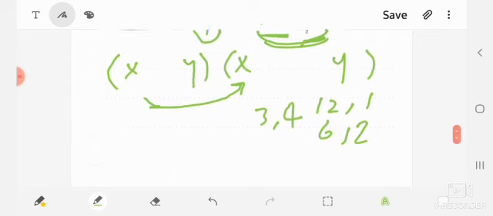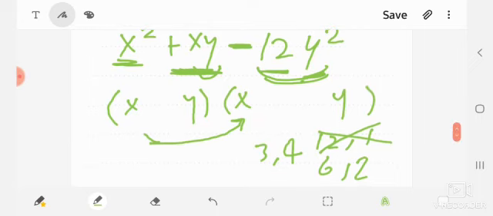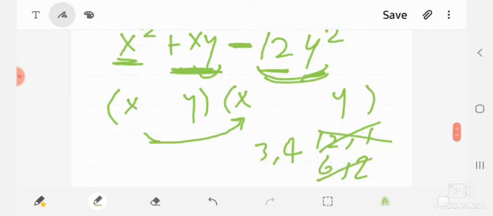Which one of these couples gives us the positive 1, which is the coefficient of the middle term? 12 and 1? No. 6 and 2, the difference or the sum of them can't give us positive 1. So we get it from the couple 3 and 4.